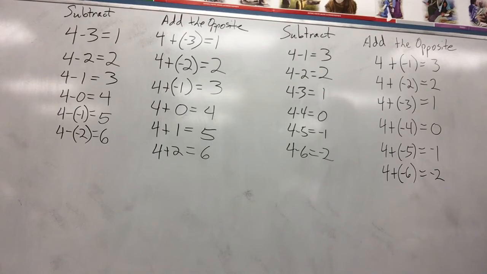Okay? And then they have this definition down there in the middle, and it just says subtraction of an integer is the same as adding its opposite. And it says for any integers, and they use the variables a and b. And then they show you a general equation that a minus b equals a plus negative b.